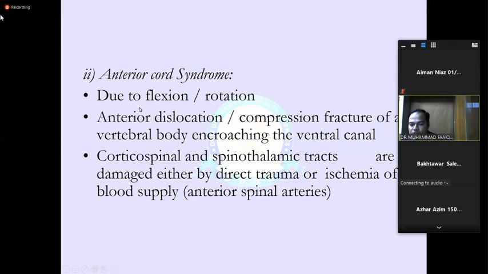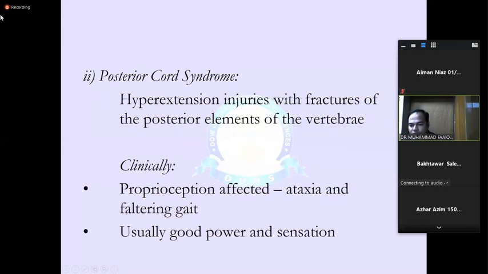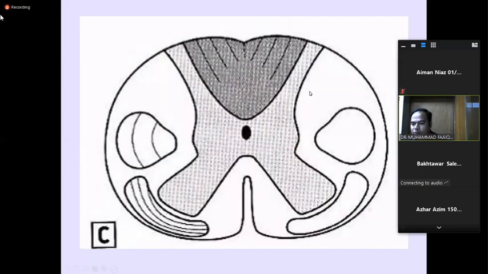So posterior cord syndrome is very easy. The posterior column is involved. This is the posterior column, and it contains two important tracts, fasciculus gracilis and fasciculus cuneatus. These two columns are related to 2-point discrimination and position.